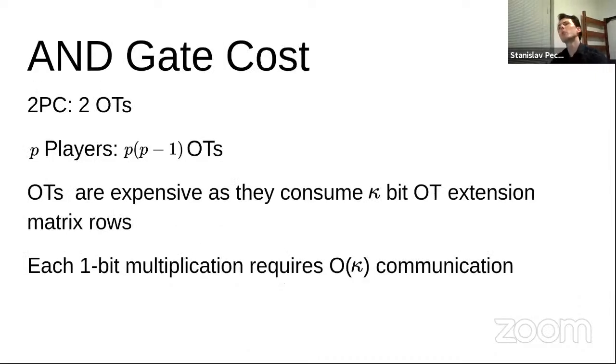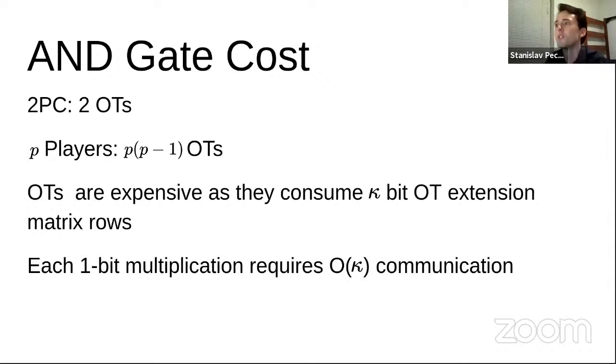So in order to evaluate AND gates by 2 parties, we need to evaluate 2 terms interactively. Each of these terms is evaluated via 1 out of 2 oblivious transfers, or OT. OTs are very expensive, and the cost of an AND thus corresponds to 2 OTs in the 2-party case. For P parties, P times P minus 1 OTs.